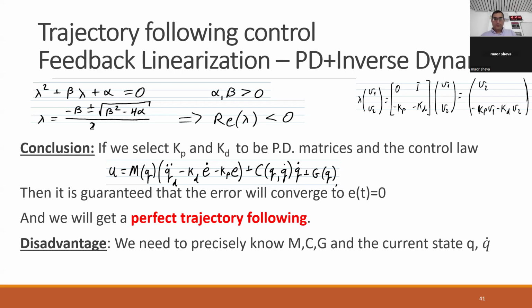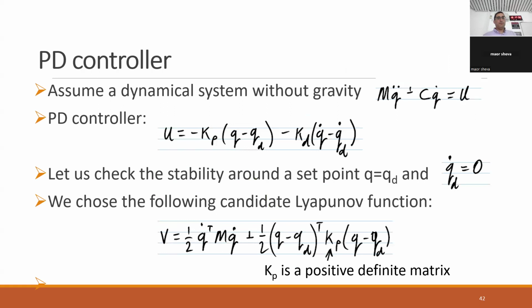Let's continue. So now that we saw the disadvantage of having to know precisely M, C, and G, let's try to do that without them. So assume that we have a dynamical system without gravity.